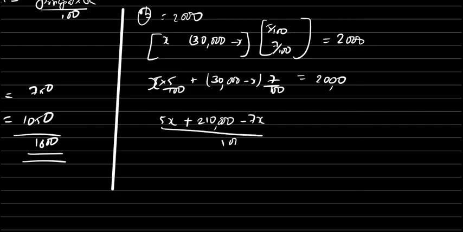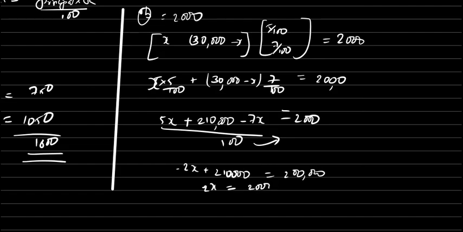This is equal to 2000. You can cancel this 100 here. Minus 7x plus 5x will become minus 2x plus 2,10,000 equal to 2 lakh. Therefore minus 2x is equal to 2 lakh minus 2,10,000.